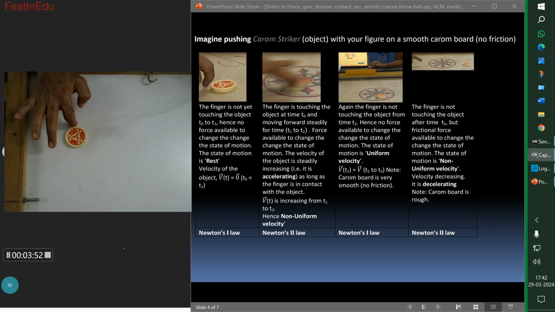Second thing is, from t1 to t2, there is force applied, and therefore the body's velocity is uniformly changing, in accordance with Newton's second law of motion.